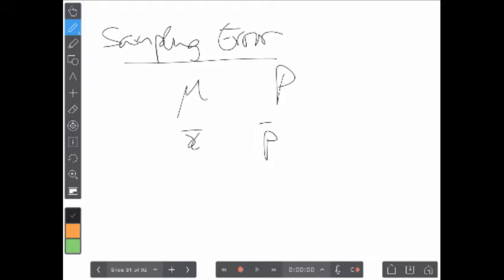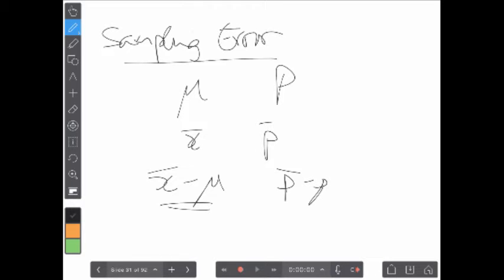And so that's what we call sampling error, because it came from the sampling process. So x bar minus mu is a sampling error in this case, or p bar minus p is a sampling error in this case. All right?